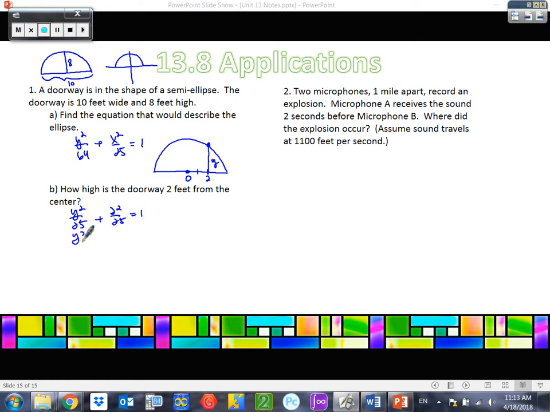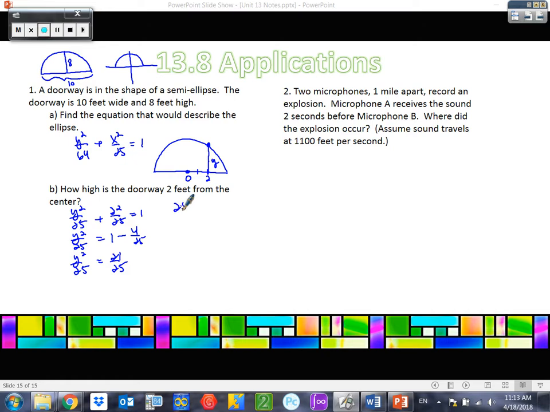Let's start solving for y. Y squared over 64 equals 1 minus 4 over 25. So y squared over 64 equals 21 over 25. Let's cross multiply to solve for y.